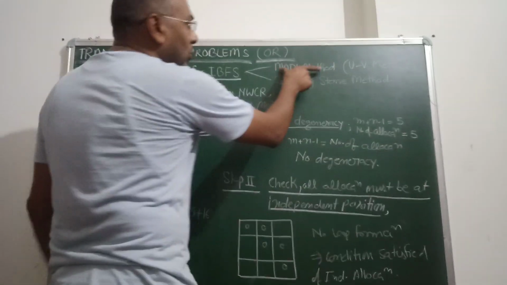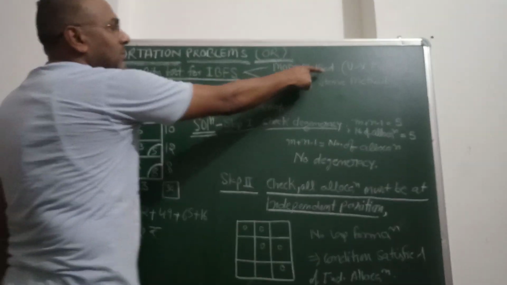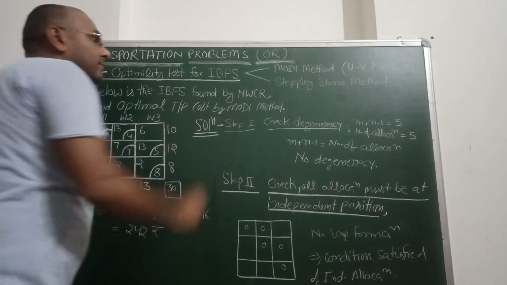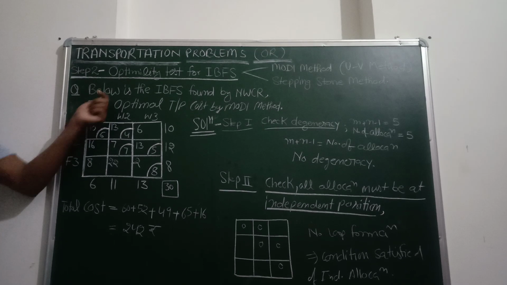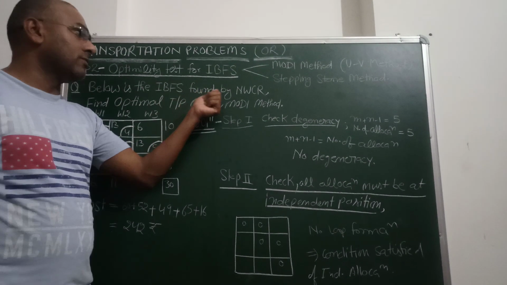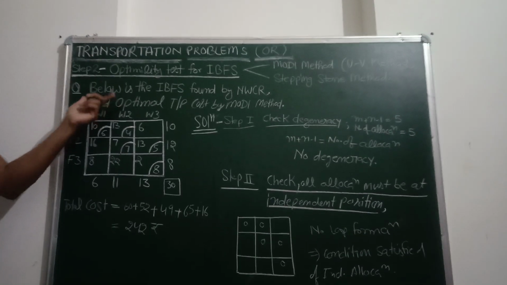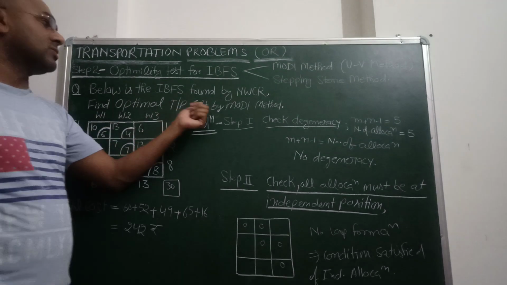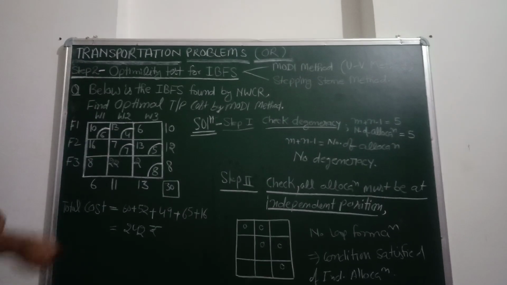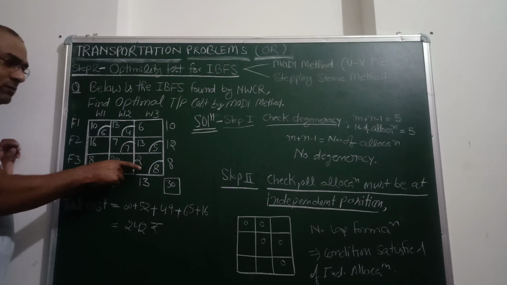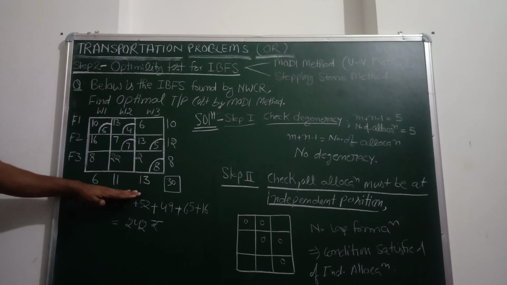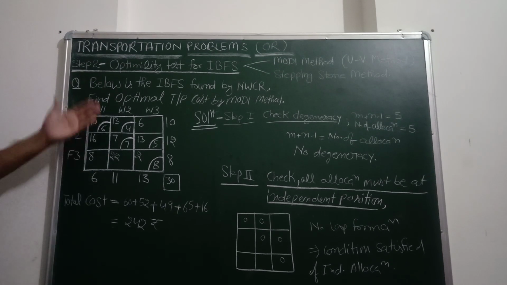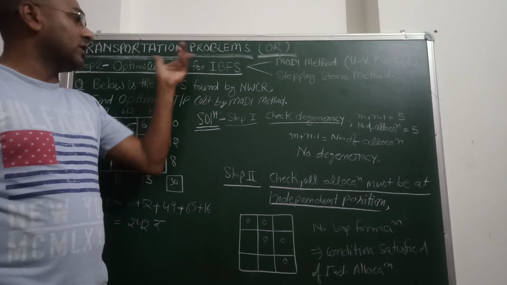Okay, so we will solve this type of numerical. Now this is the problem. Below is the IBFS solution found by northwest corner rule. Find optimality transportation cost. As you will see, this is the same problem we have solved in the previous video. We are using it again here so that we can thoroughly go through the concepts of transportation problem.